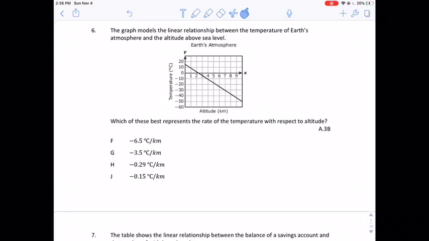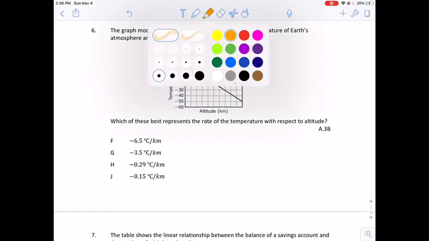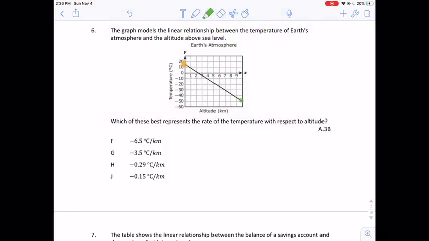So let me try to get good points, or fairly good points. I'm going to start by selecting this point right here. That looks like a 15. If I'm going right between 10 and 20, it's going to be a 15. Then I'm going to try to select another good point. I'm going to select this other one, which looks like it is a -50.